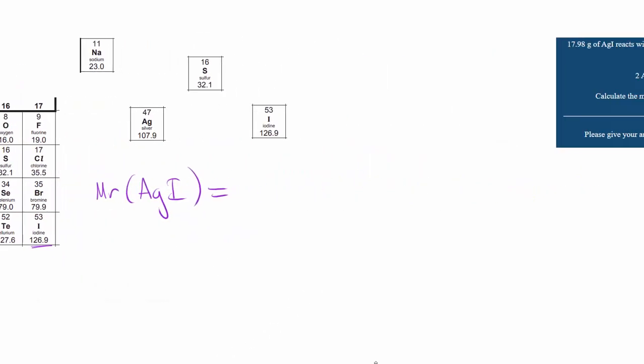Okay, so that's going to be effectively 107.9 plus 126.9, right? Which, if you work that out, you should find that you get 234.8 as the MR in that case, right?